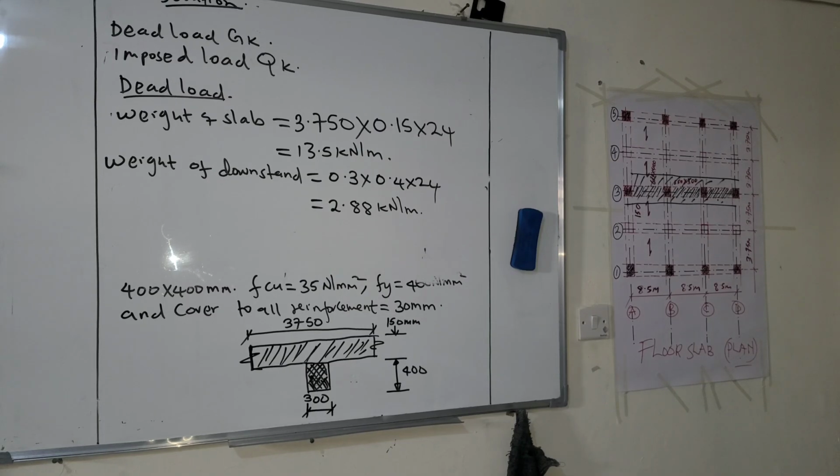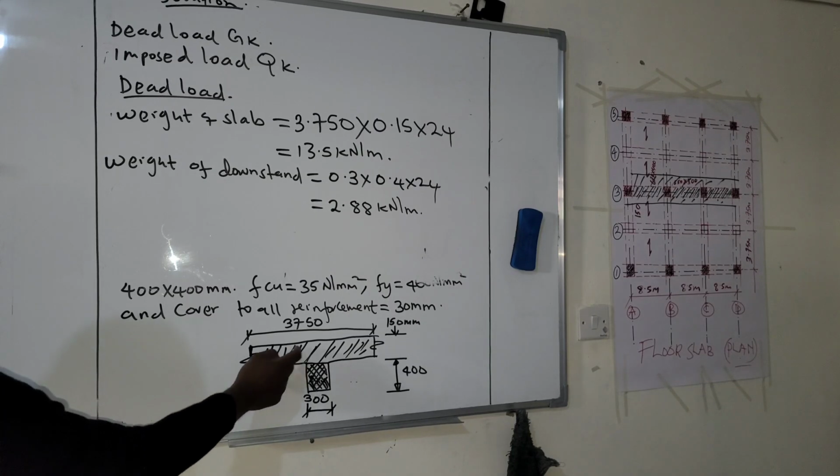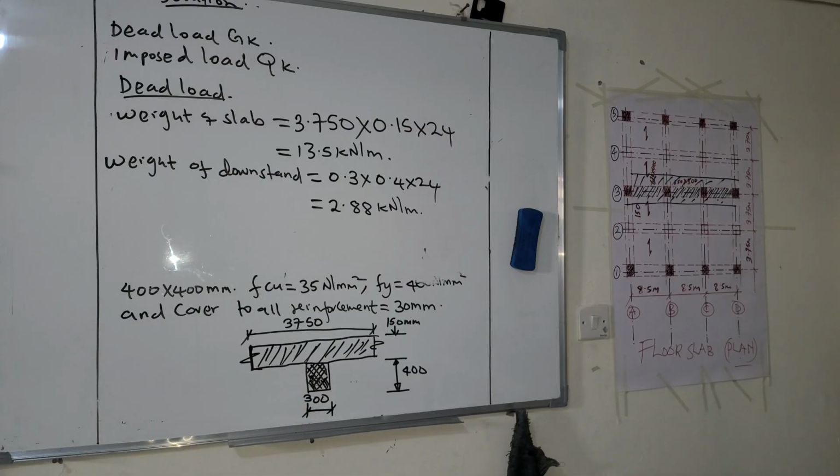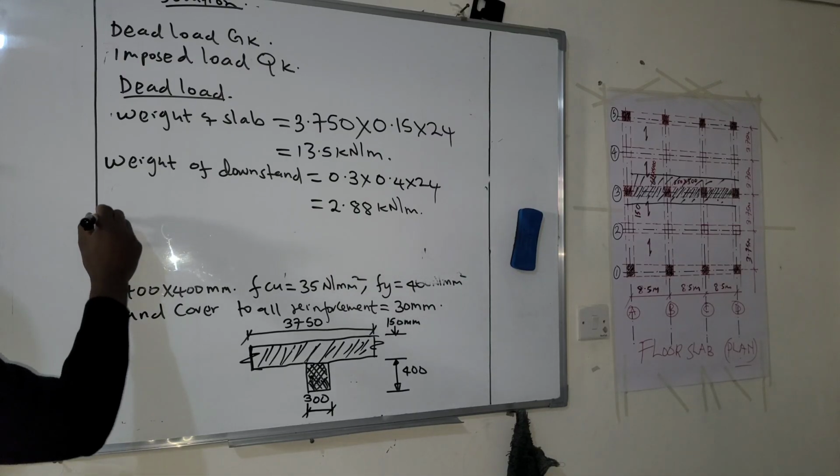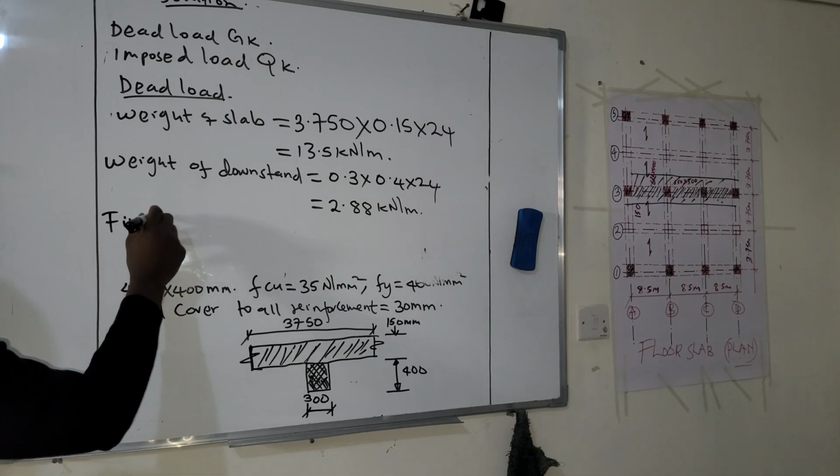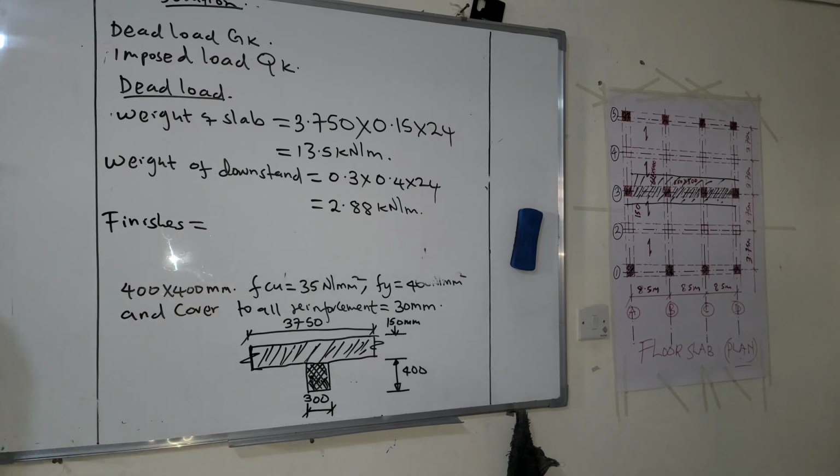So after calculating the weight of the slab and the downstand, what follows next is the weight of the finishes. So finishes is equal to, we have already been told in our question, let me check in the question.